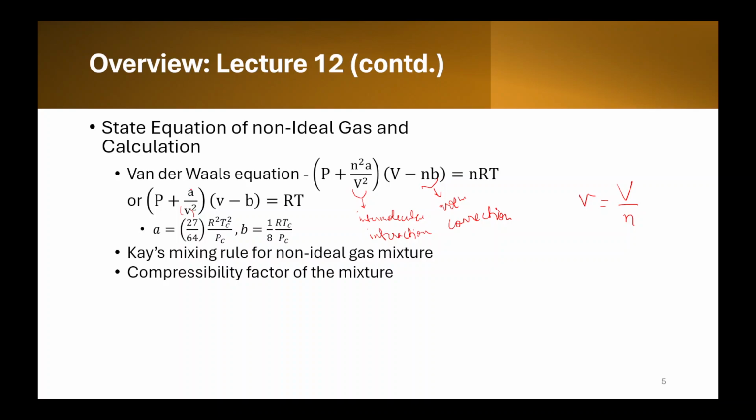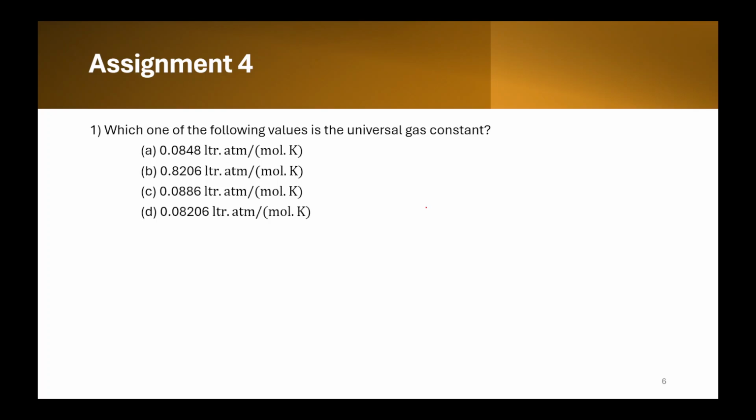And these constants, van der Waals constants a and b, are given using these relations, which tells us that they depend on the critical temperature and critical pressure. Next, we studied the Kay's mixing rule for non-ideal gas mixture. So how to calculate firstly the critical temperature of a mixture, critical pressure of a mixture, and then the compressibility factor of the mixture. Now let's start with solving the sample problems related to your assignment 4.